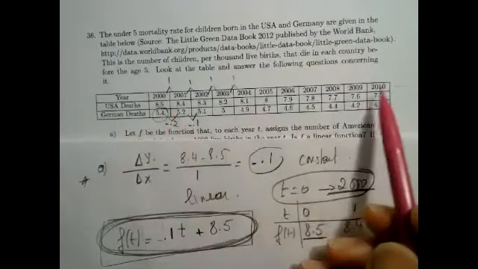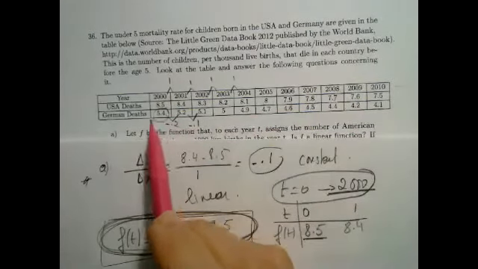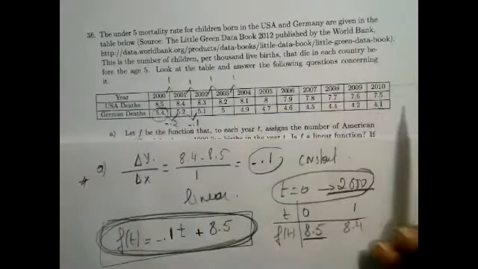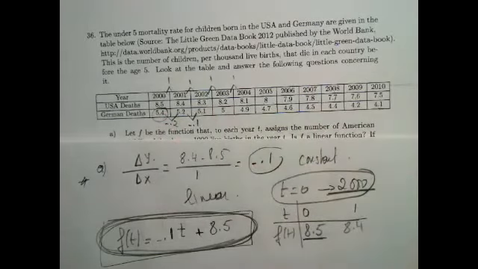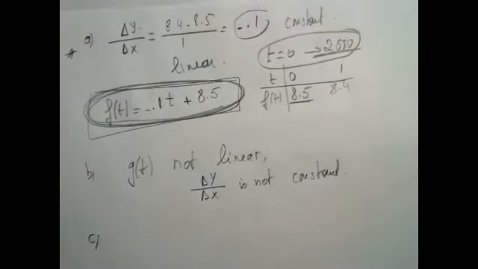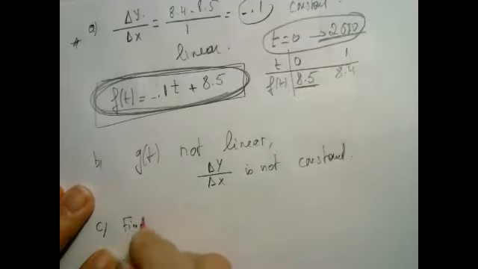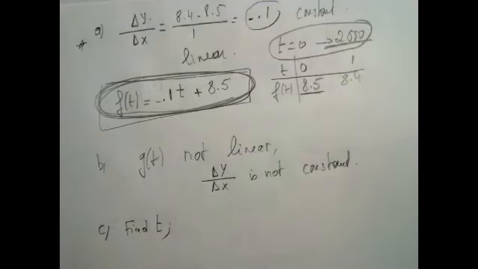So my goal is to find when we'll have the mortality that Germany had in 2000, if we keep at the same rate, going down by 0.1 every year. When will we reach Germany's 5.4? So how shall I do this problem? We have to find the time such that... how long is it going to take us?